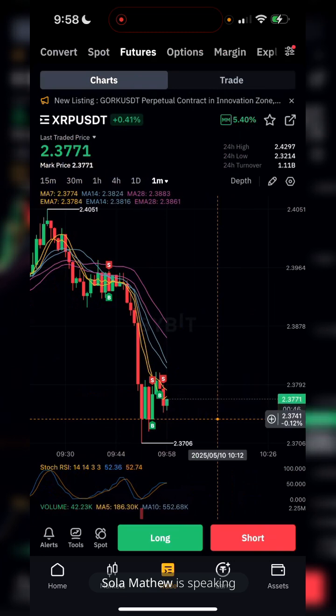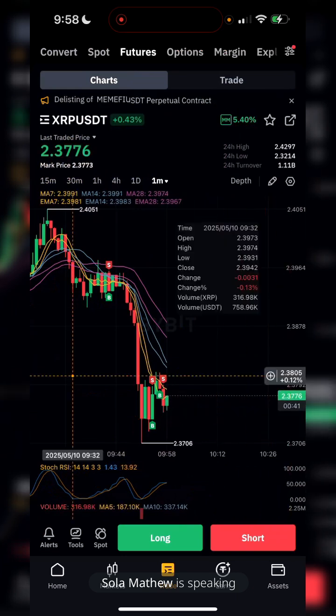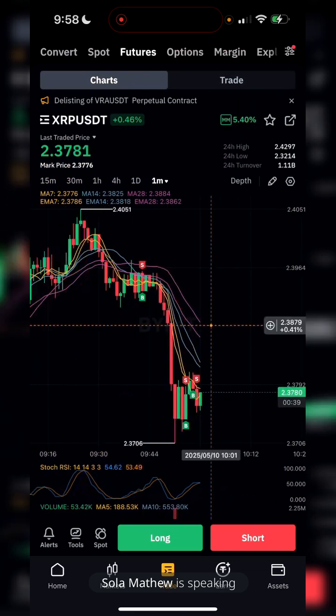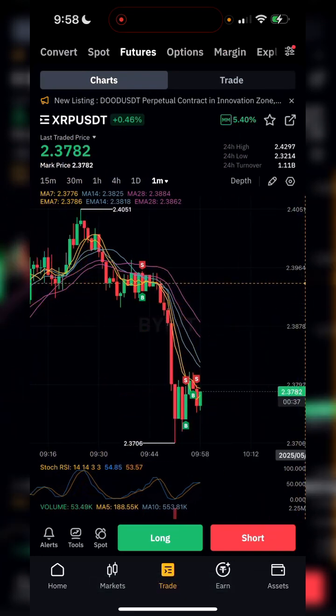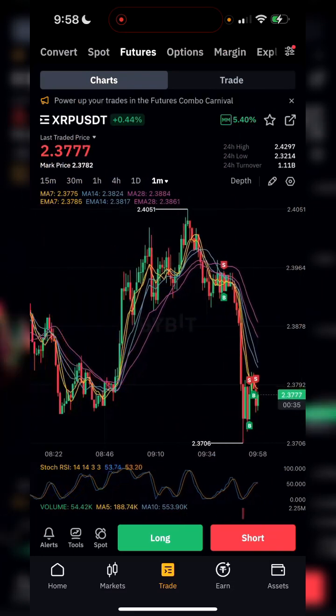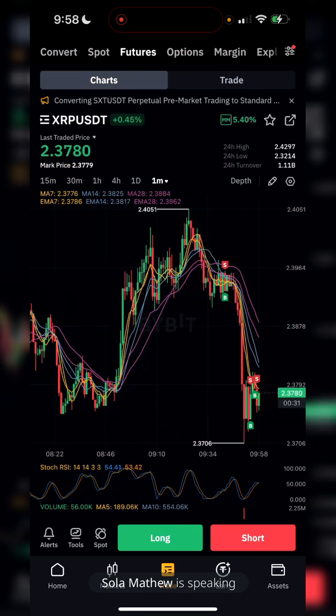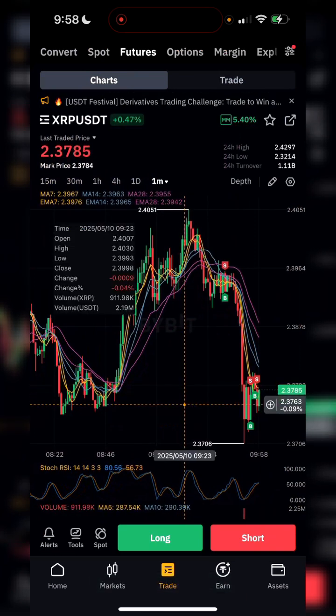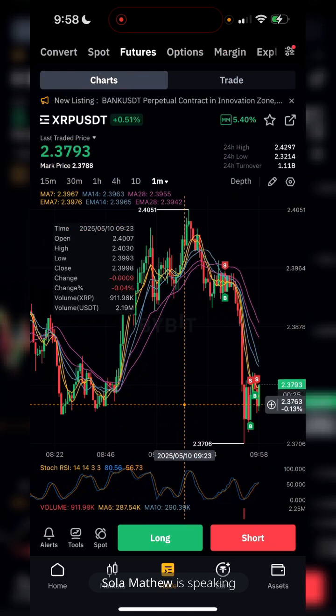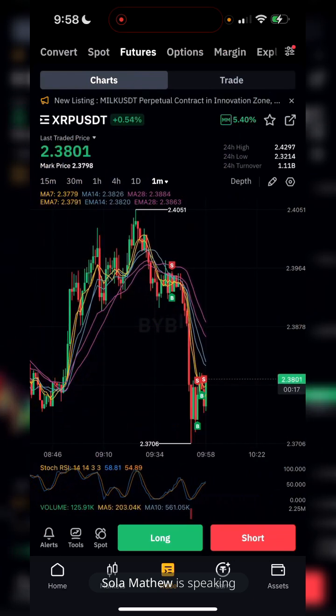So there is a high chance that this trade is still going to go up, because let's see what has happened in the past. Can you see? Now there's a resistance here that it's testing. You see this resistance? Mm-hmm. That is what it's testing now. So this is going to be an uptrend in the next few minutes because of this resistance.